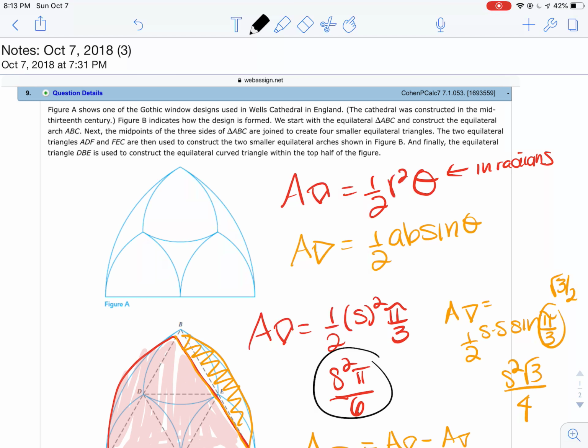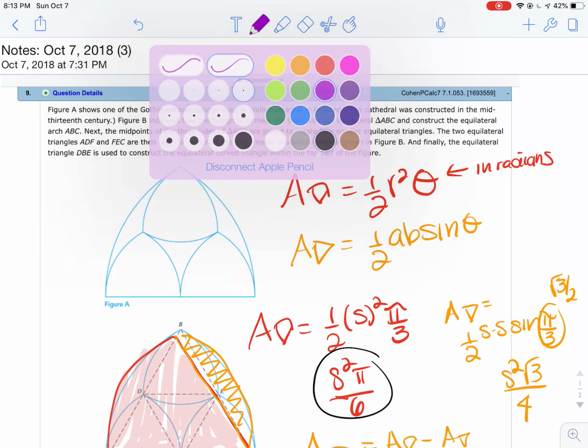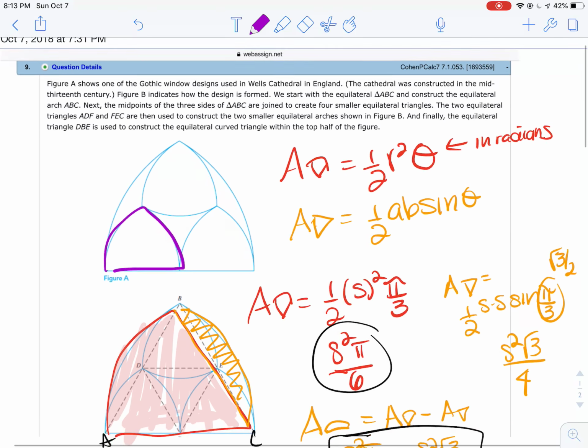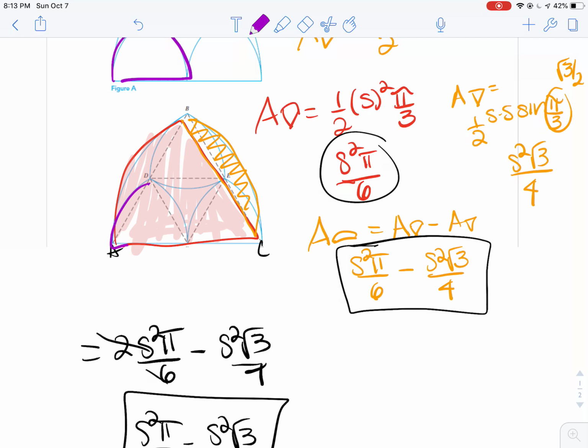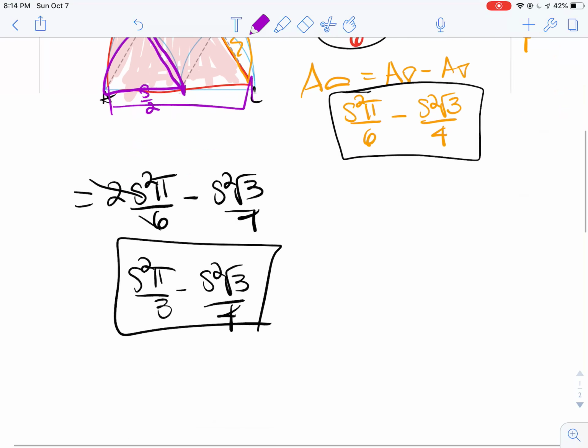For part B, we want the area of one of the smaller arches. We're going to use the same approach, but instead of using s, we're going to use s over 2, because if the whole thing is s, then half of that's going to be s over 2.